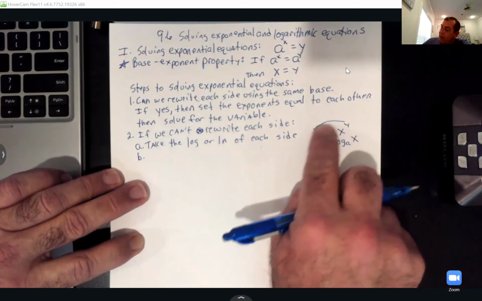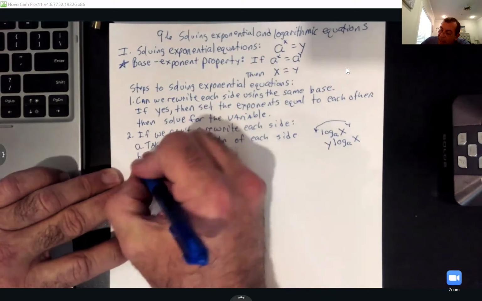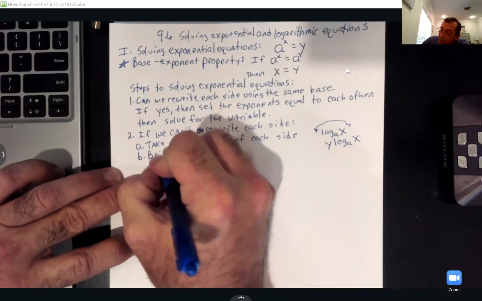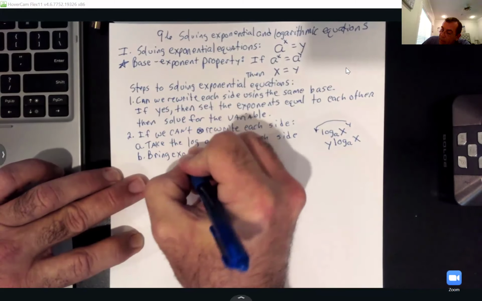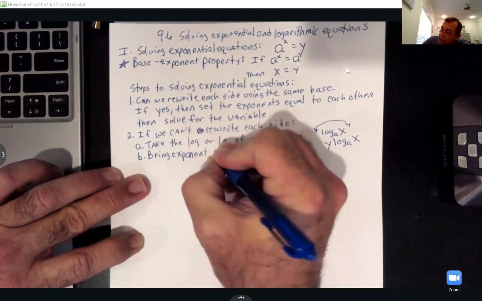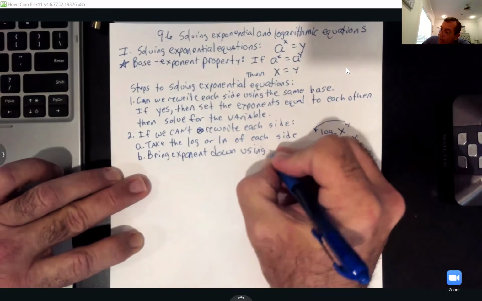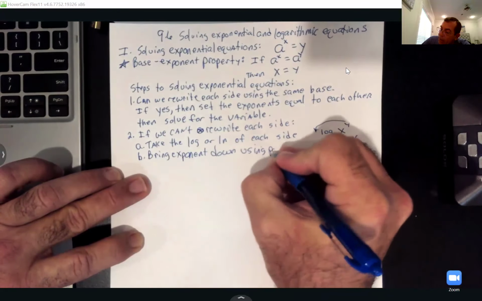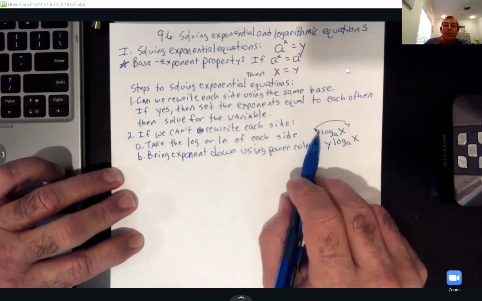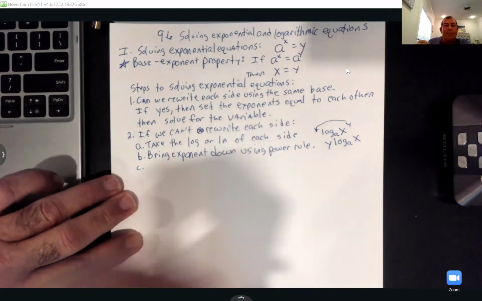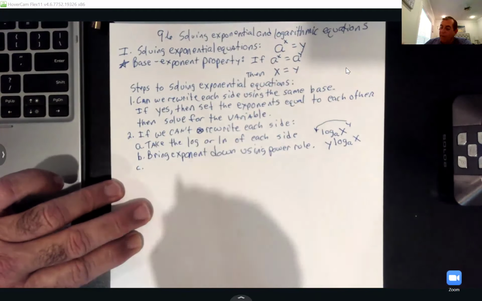Now, bring the exponent down using the power rule. That's what I'm doing right here. At that point, I'm going to solve for the variable.